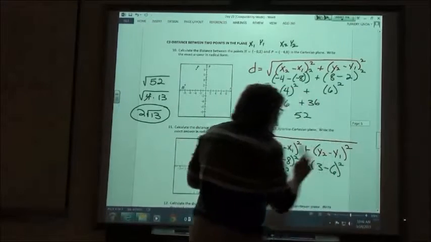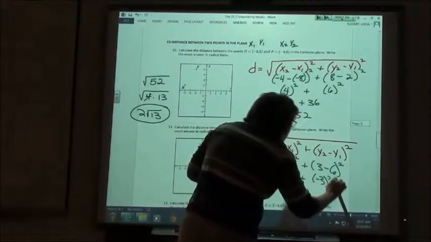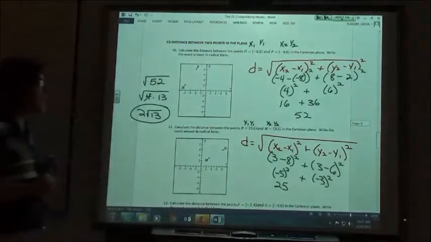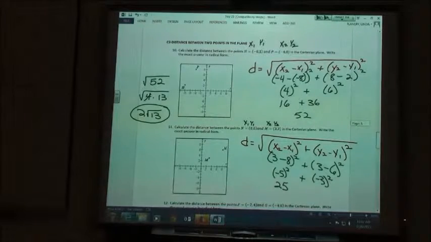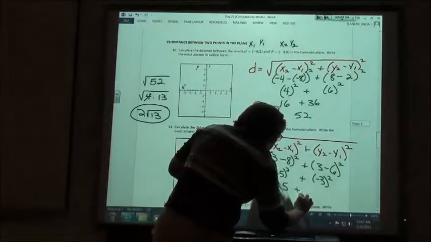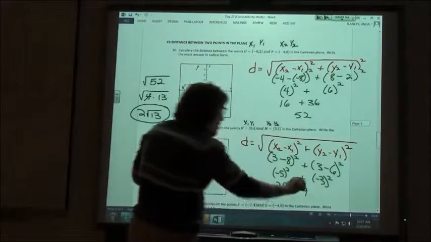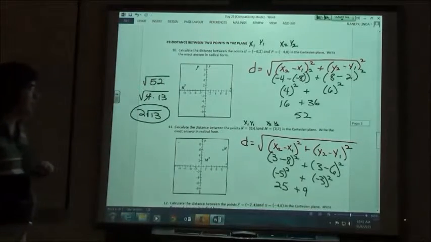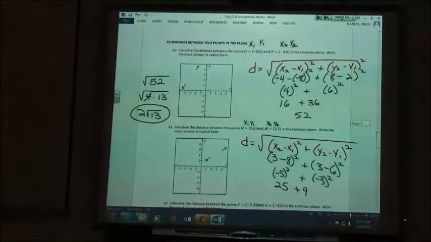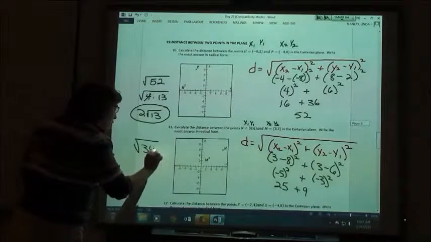So 3 minus 6 is negative 3. But then we have the squared on the outside, so we square our negative 3. 9. So 25 plus 9 is 34. So we have the square root of 34.